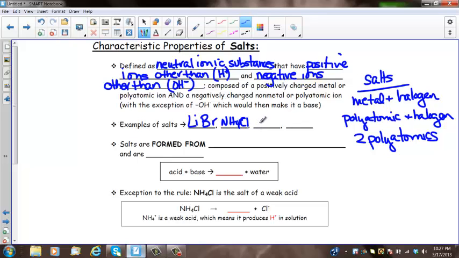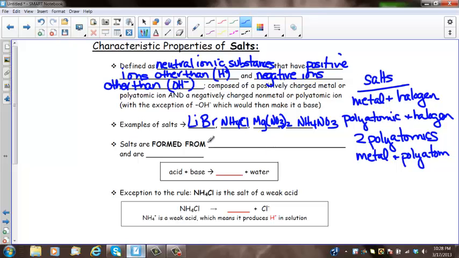Here's an example of a metal and a polyatomic. I forgot about that one. And so we have metal and halogen, metal and polyatomic, a polyatomic and a halogen, or two polyatomics. So we could just put for this two polyatomics NH4NO3. So those are all salts.